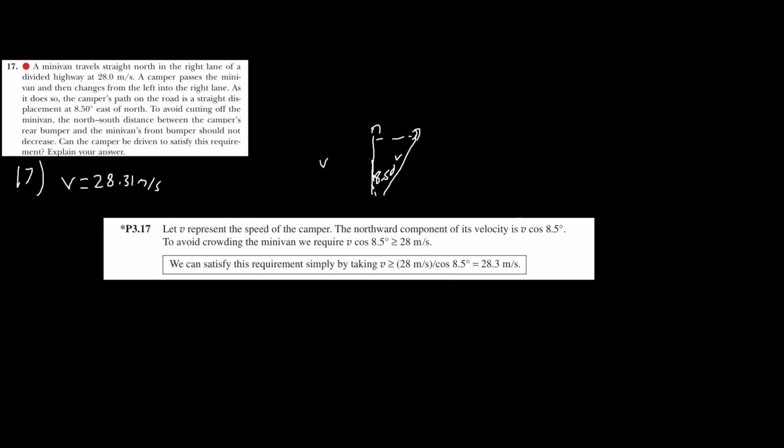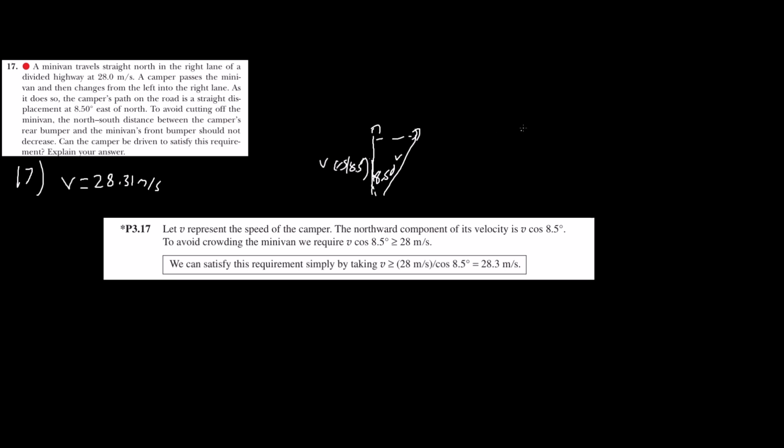So let V represent the speed of the camper, the northward component of the velocity is V cosine of 8.5 degrees, which has to exceed 28 meters per second.